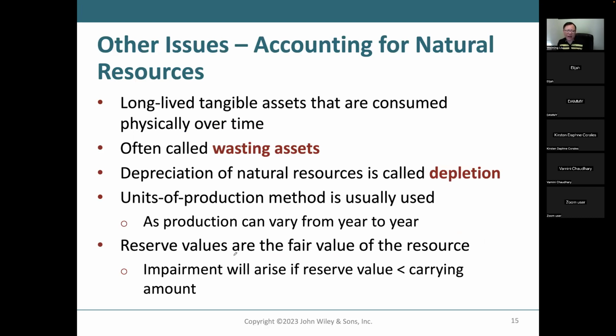So accounting for natural resources would be something like, let's say, a coal mine, right? Those are natural resources. Oil sand, right? In northern Alberta, the oil sand.